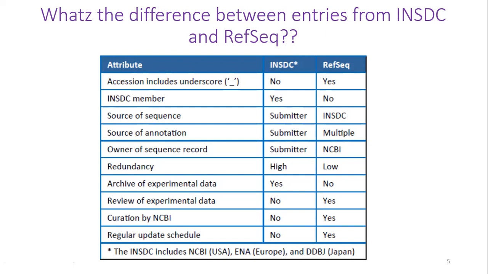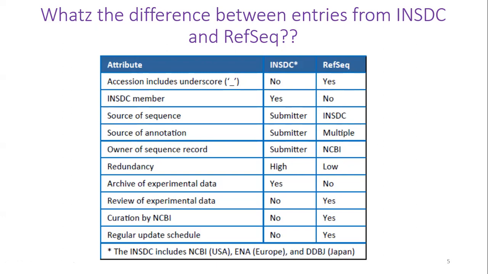Okay, so if you now consider the source of sequence, in the case of INSDC, say GenBank, the source of sequence is the submitter who submits the sequence there, while in the case of the reference sequence database, the source of sequence is INSDC entries.